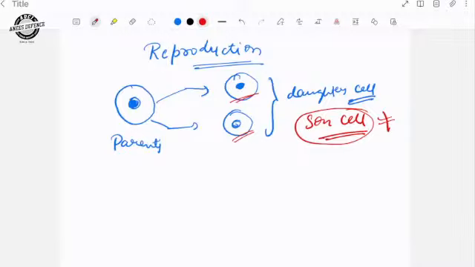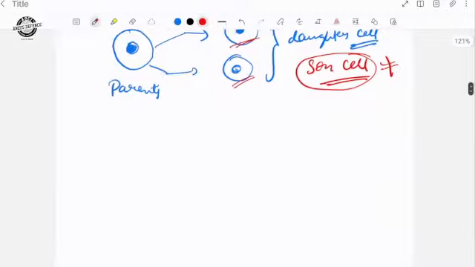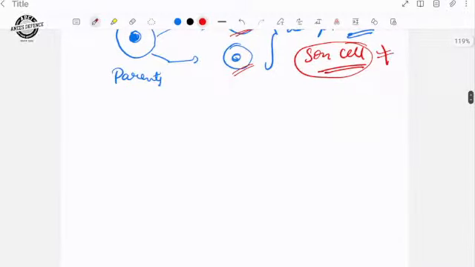Here, different types of processes are involved in reproduction through which a single organism is going to reproduce. What types of reproduction processes are there? Slowly we are going to understand.